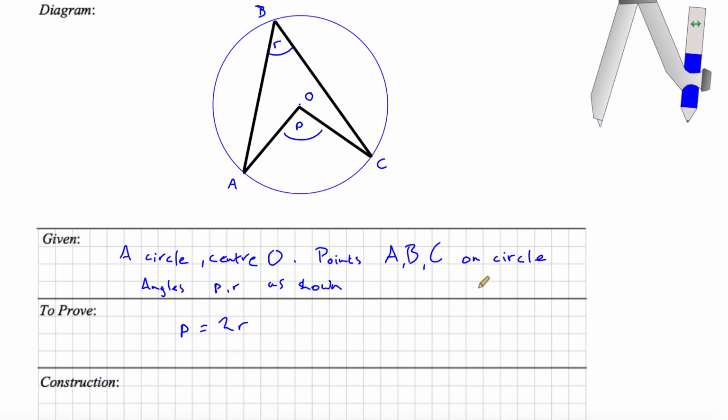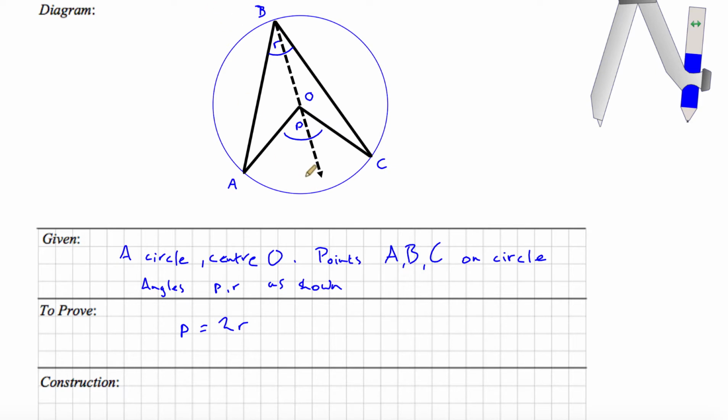So in order to prove this, what we do is, this is the bit you have to remember. From the point B, you're going to draw a line through the center and extend it out here a little bit. So you don't have to go all the way to the end of the circle, but you're going to draw this line here.